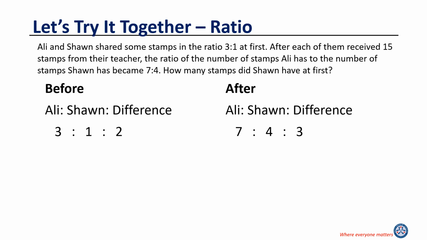Since the difference should remain the same, we find the lowest common multiple of 2 units and 3 units, which is 6 units. This means that we need to multiply the ratio for the before situation throughout by 3 to give us 9:3:6, and to multiply the ratio for the after situation throughout by 2 to give us 14:8:6.